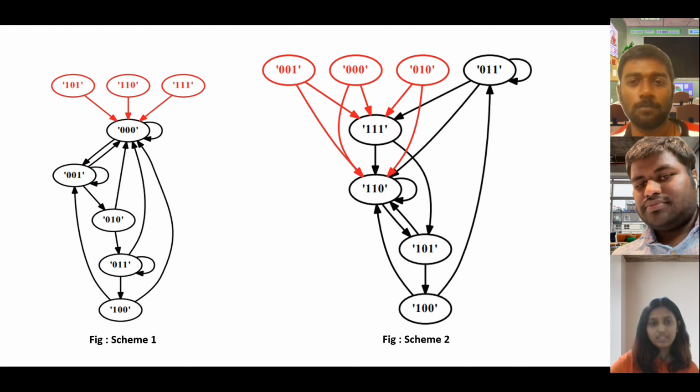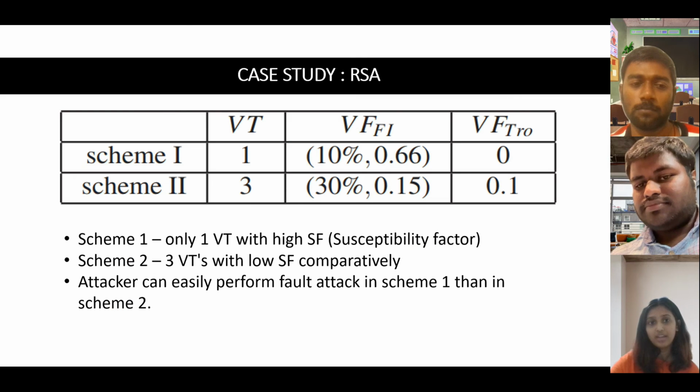These are the encoding schemes that are used. The red ones denote the don't care states, and the black ones denote the states that are in the RTL design. Coming to the RSA algorithm, though the scheme 1 design has only one vulnerable transition, the susceptibility value is quite high, which is 0.66, compared to scheme 2, which has three vulnerable transitions with an SF value of 0.15.